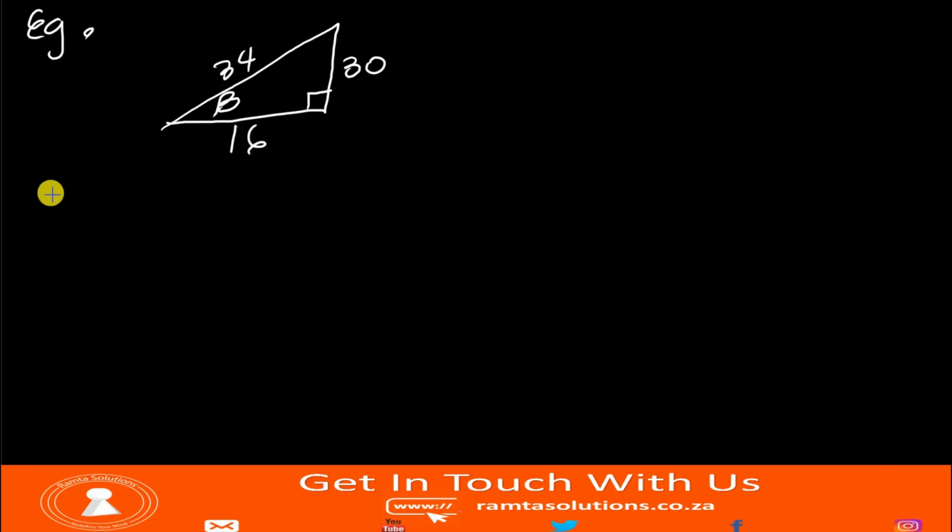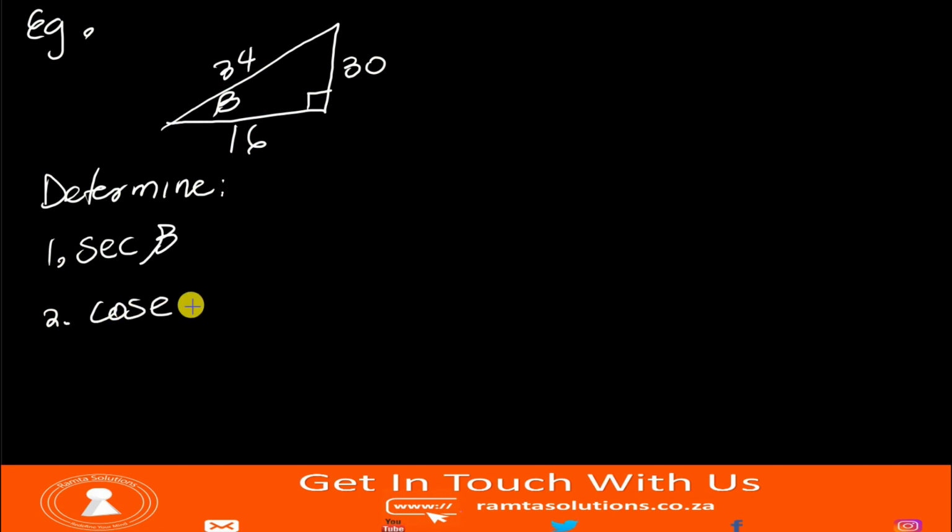The question says: 1, determine secant beta; 2, determine cosecant beta; 3, determine cotangent beta.